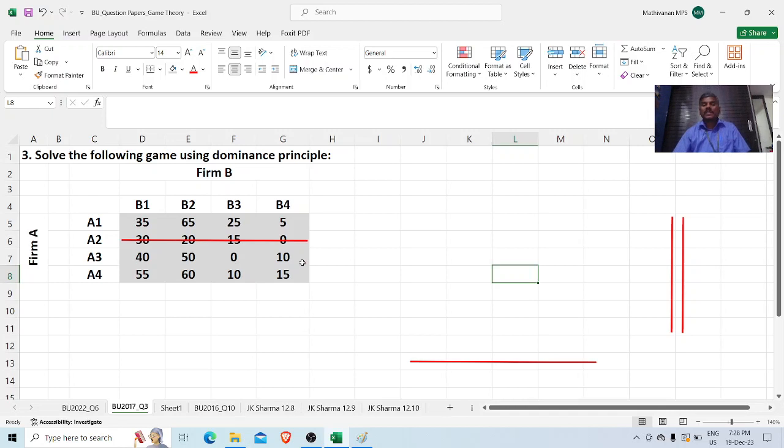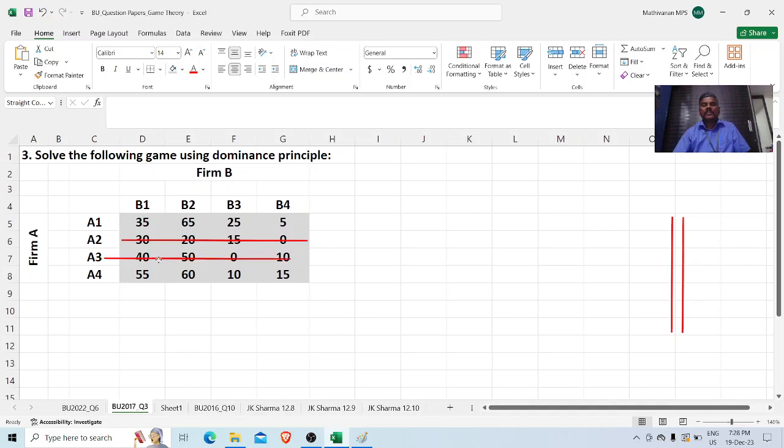In other words, when A3 and A4 strategies are available, we will recommend the A4 strategy for firm A because whatever may be the strategy of firm B, A4 is giving better gains than A3.